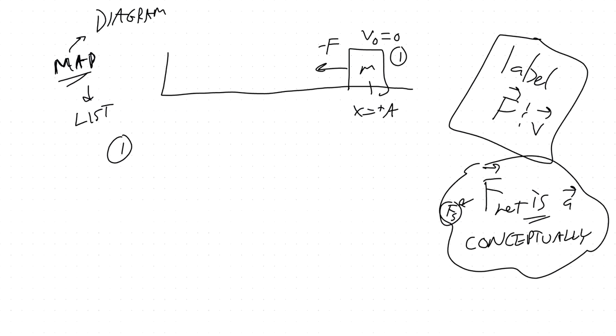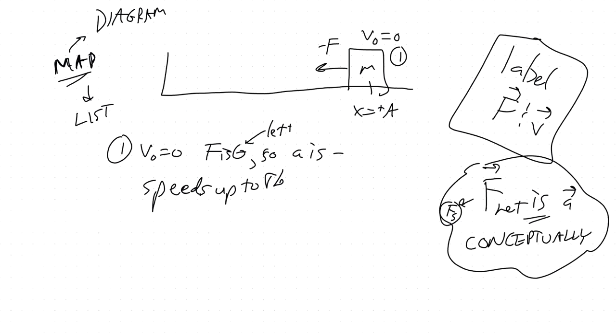So, one, velocity is zero, F is negative, which means left, so a is negative. So it speeds up left. This is key, guys. Negative does not mean slowing down.